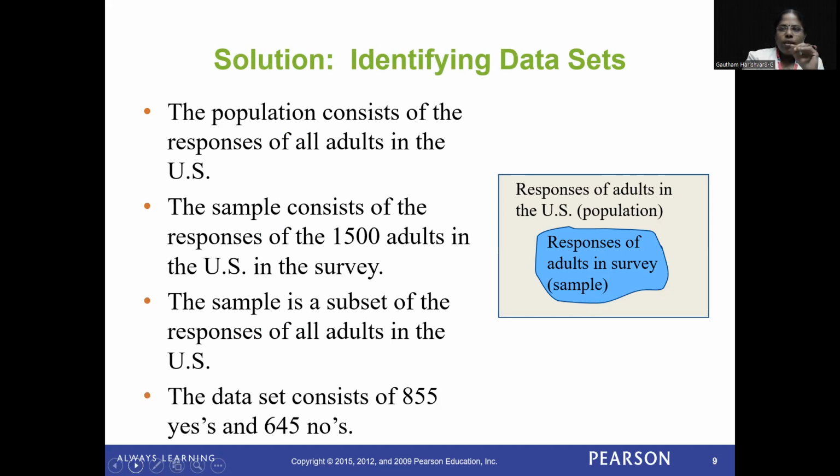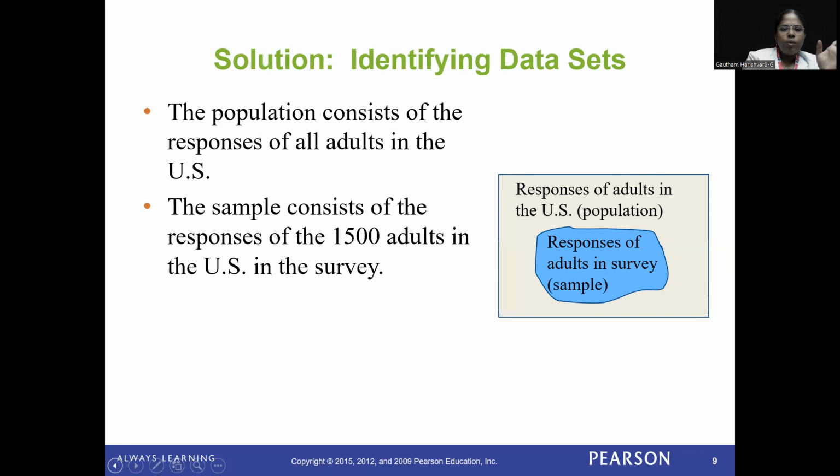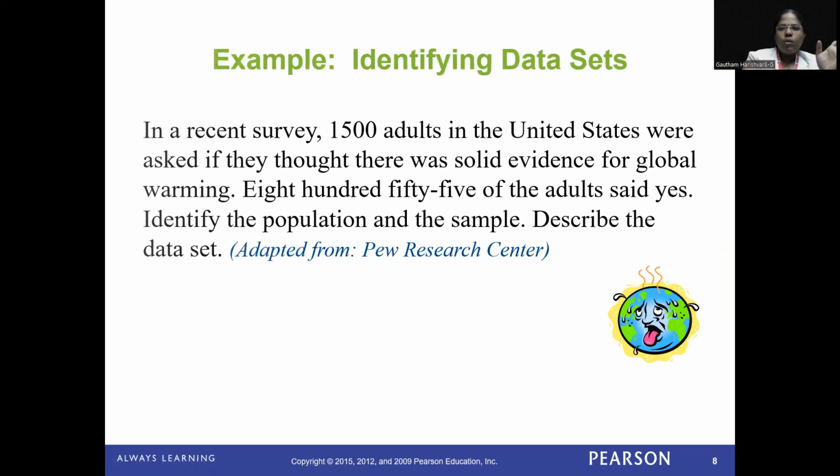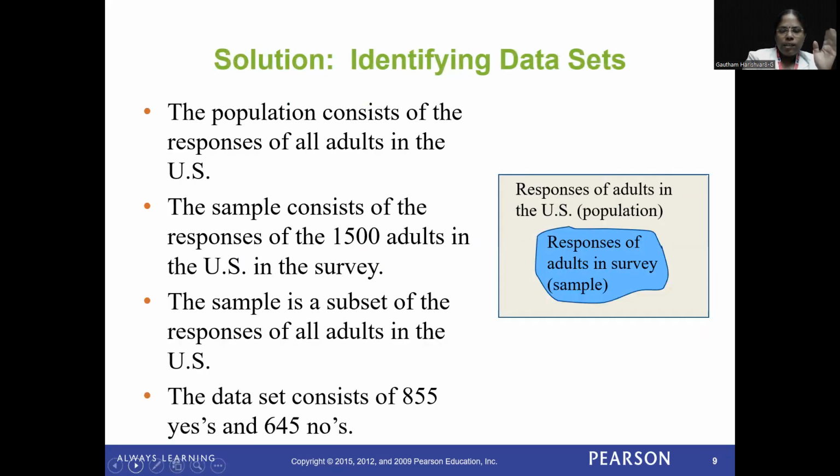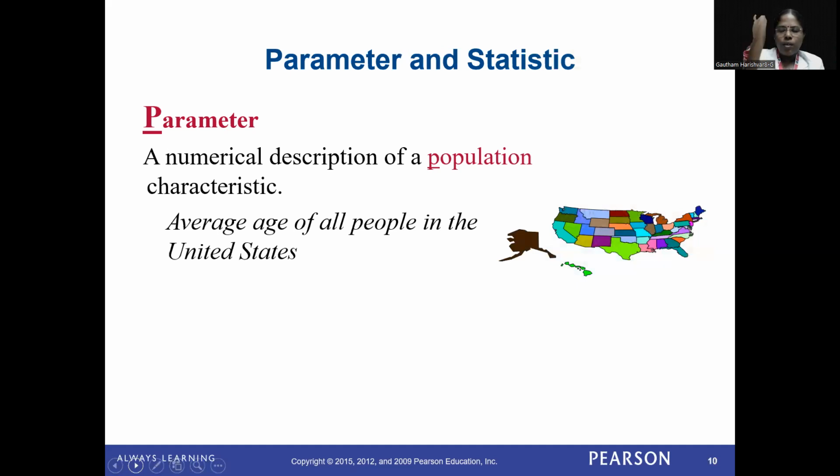The data set consists of the counts they have given, as you can see in the previous slide. 855 of the adults said yes, so we can consider the remaining as no. The data set consists of 855 yes and 645 no. These are the responses they have recorded.